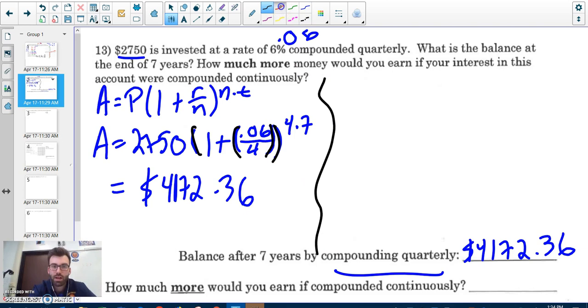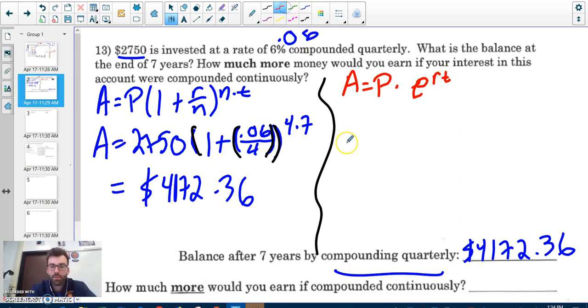All right, let's talk about continuous. For compound and continuous, I use PERT: A equals P times e to the rt.